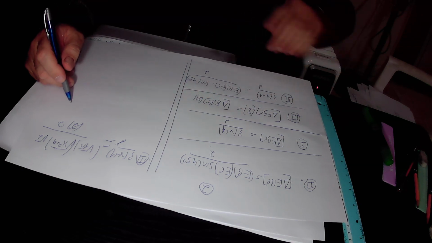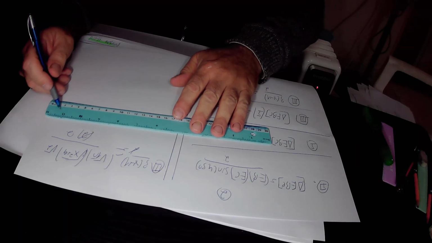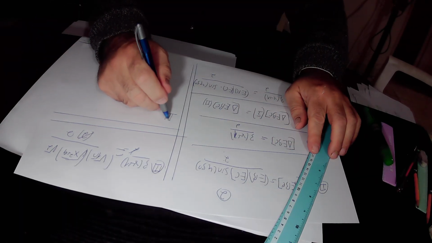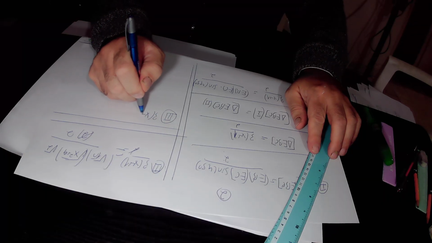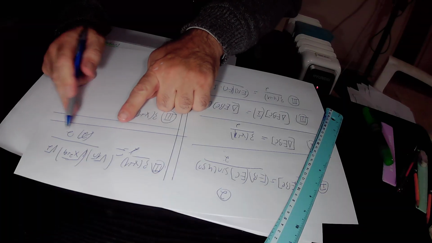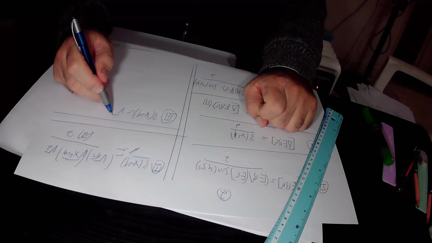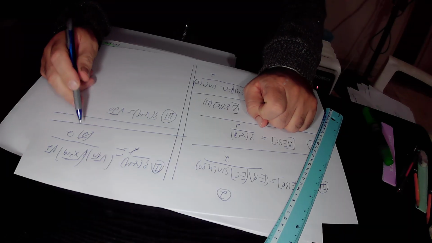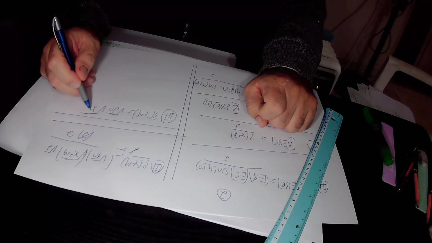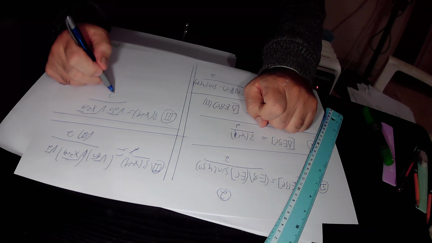So in total, after we cancel 2, according to equation 3, we get that 3 times (x plus 1) equals the square root of 10 times the square root of 2, which is the square root of 20, times the square root of x squared plus 9, divided by 2.